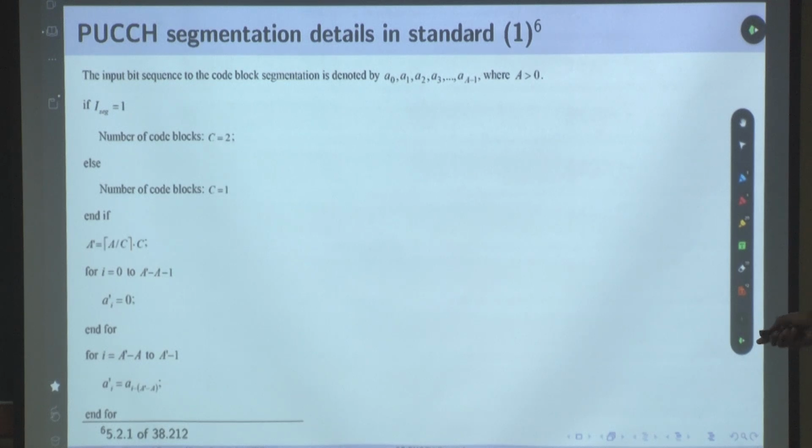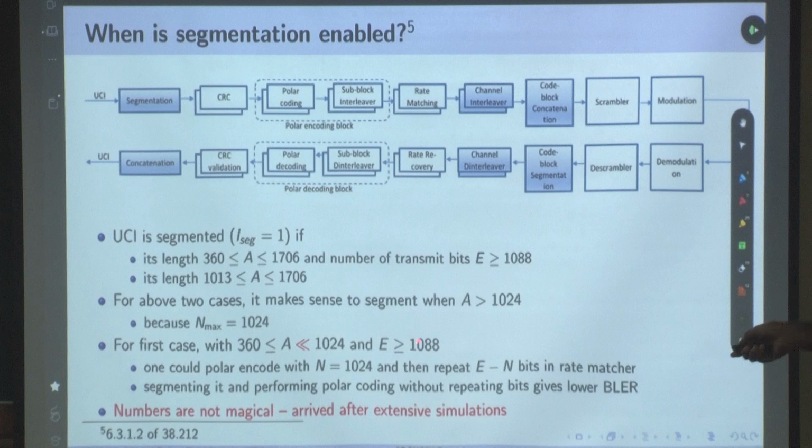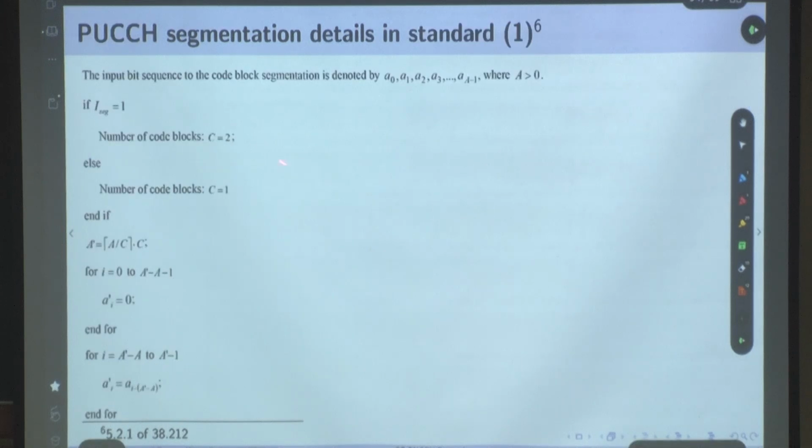If either condition number 1 or condition number 2 is met, then segmentation will be enabled. The segmentation flag is 1 and the number of code blocks will be 2. Otherwise it will be 1.